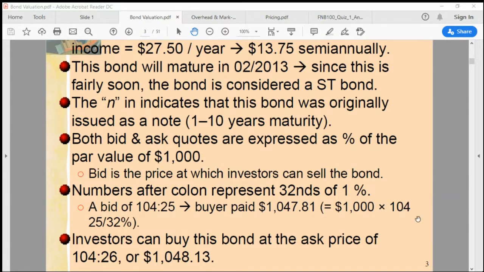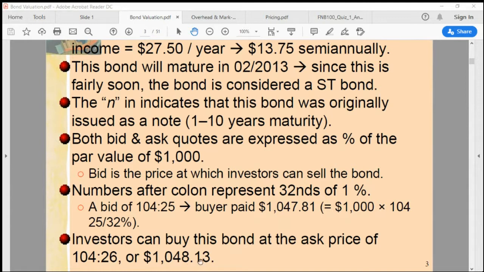And it will give you, in a single shot, the percentage portion, and then when it's converted into dollars, it's going to be 1,047.81. And by the same analogy, you can also calculate the ask price.